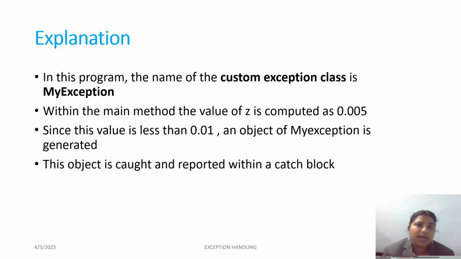In the above program, the name of the custom exception class is MyException. Within the main method, the value of z is computed as 0.05. Because the value is less than 0.01, an object of MyException is generated. This object is caught and reported within a catch block.